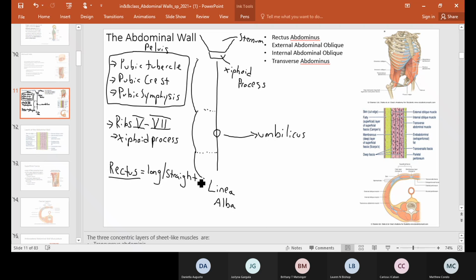When the pelvis is moving, so in other words, my pelvis is free, it's going to bring my pubic crest, pubic symphysis, pubic tubercle towards my rib cage. So posterior pelvic tilt. And we're going to get into this whole pelvic tilt thing a little later. But basically, it's either going to bring my costal cartilage downward or it's going to bring my pubis upward. Okay, both of those are going to create trunk flexion.